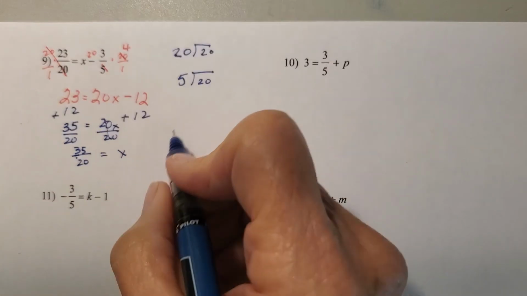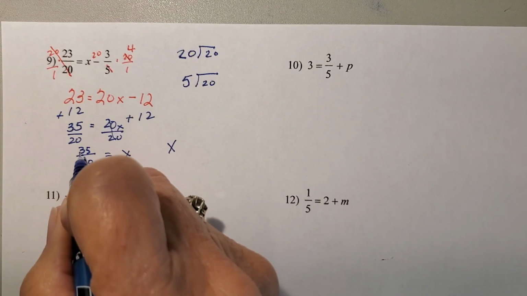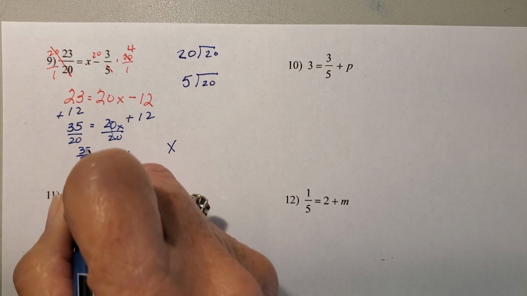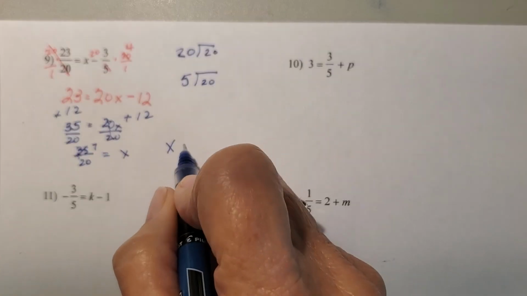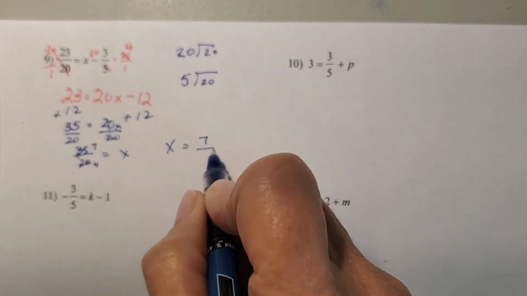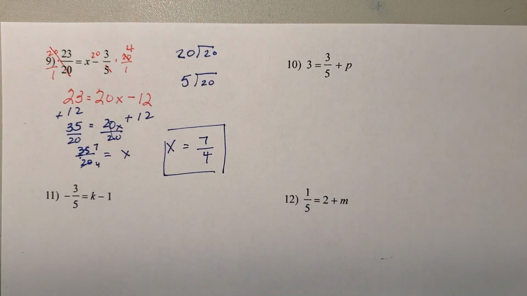And then you should reduce that fraction. What number divides into both 35 and 20? That's 5. So 5 goes into 35 7 times. 5 goes into 20 4 times. And we just leave it with that fraction.